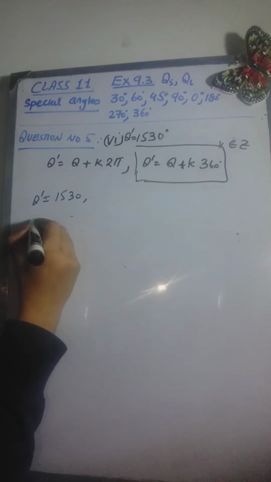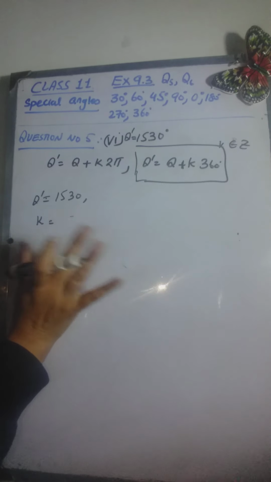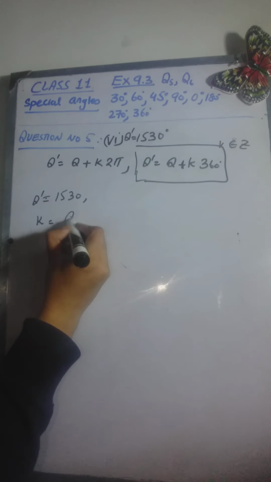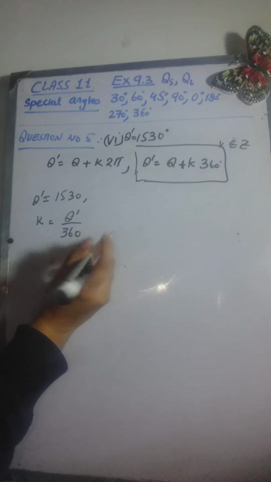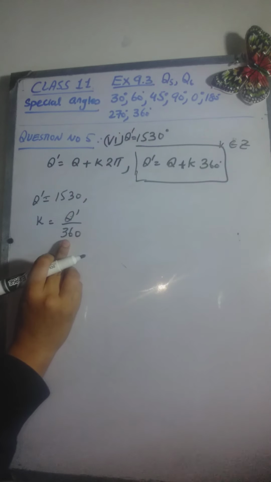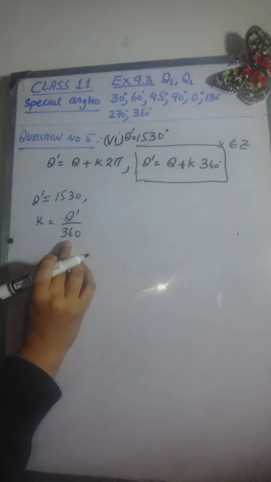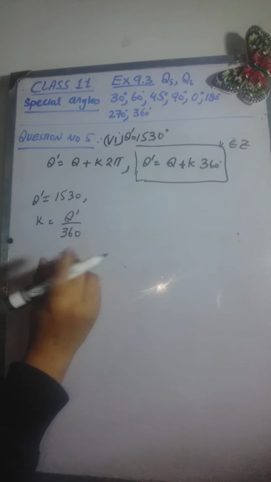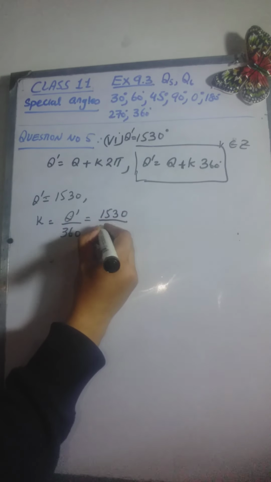To find the approximate value of k, what we are going to do is divide theta dash by 360. If the angle is in radians, we will divide by 2 pi because 2 pi equals 360. But if the angle is in degrees, as it is here, we are going to divide theta dash, the angle given to us in the question, by 360. This will give us the approximate value of k.